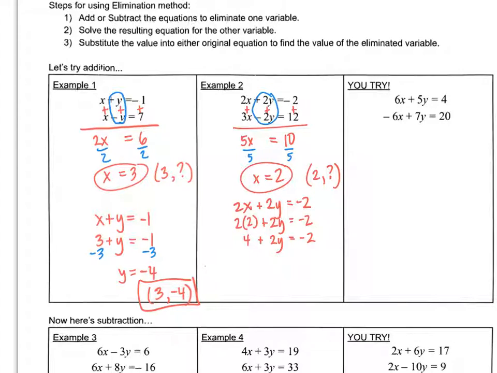Subtract 4 on both sides, and I get 2y equals negative 6. And finally, divide both sides by 2, and we get y equals negative 3. So our final answer as a point is 2 comma negative 3.